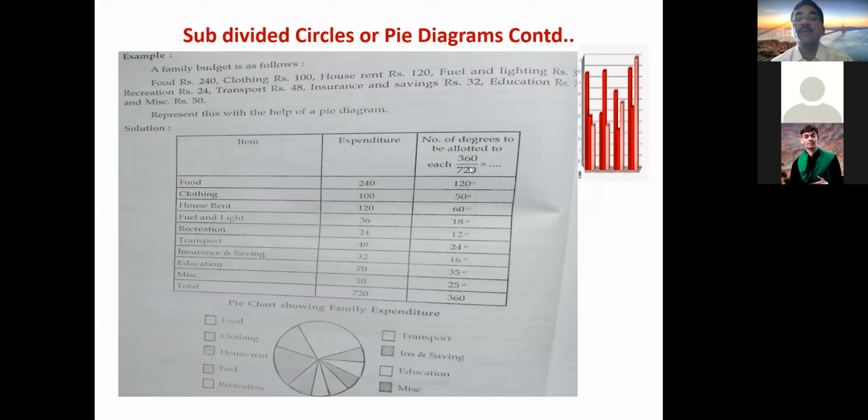And when you calculate the second component, 100 you take. When you calculate the third component, 120 you take. Like that, you will get each component's degrees. After completing each component's degrees, you add all of them. If you add, it will be equal to 360 degrees.